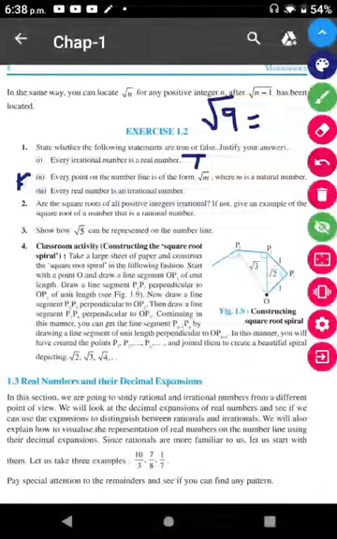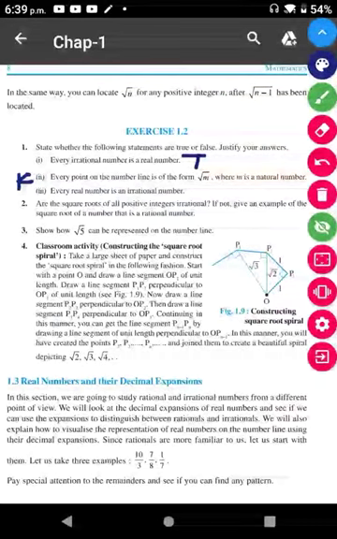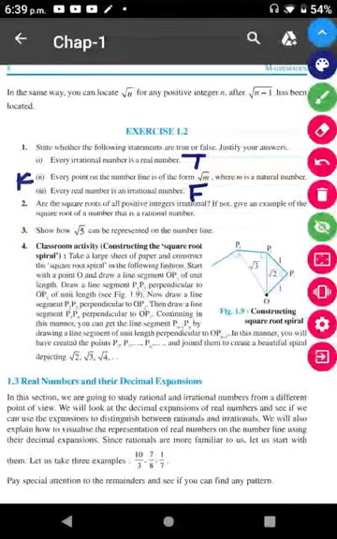That is why this is false. Now the third, every real number is an irrational number. That is false. I told you earlier that rational numbers and irrational numbers together form the real numbers. So it's not possible that all real numbers are irrational numbers. So this statement is wrong.